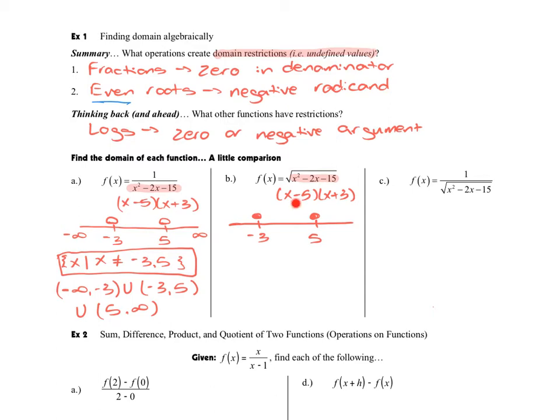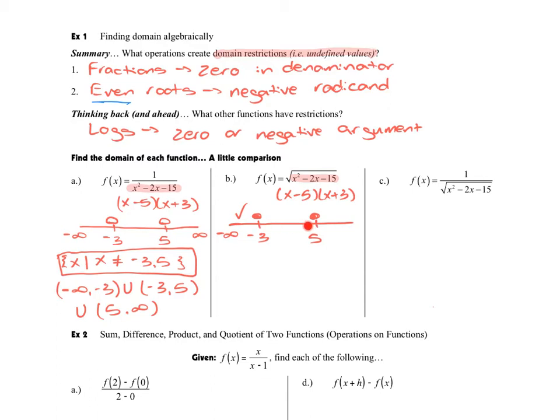Negative 4 minus 5 is going to be a negative number, and negative 4 plus 3 is another negative. So I would have a negative times a negative, and that's positive, which means every number in this interval would be a positive number, so that interval would be acceptable.